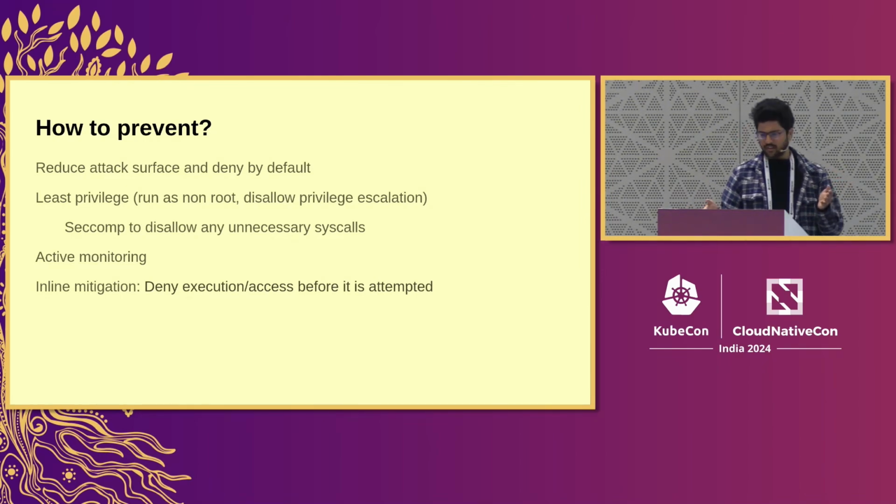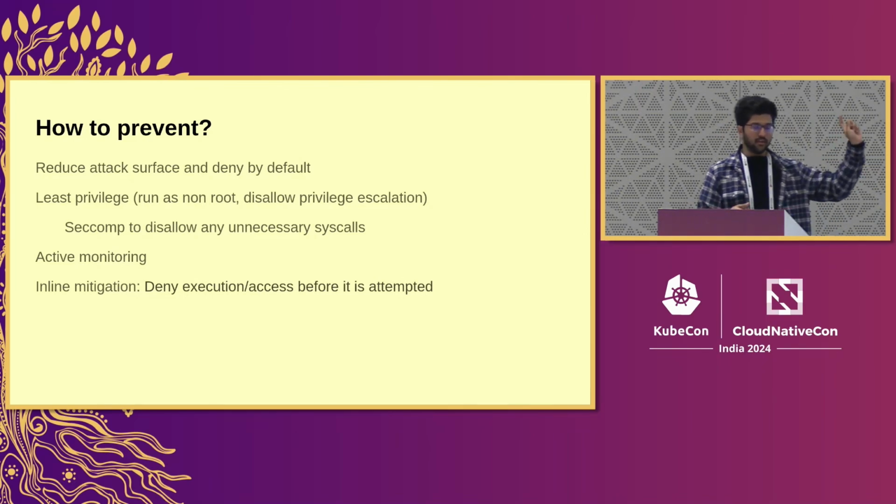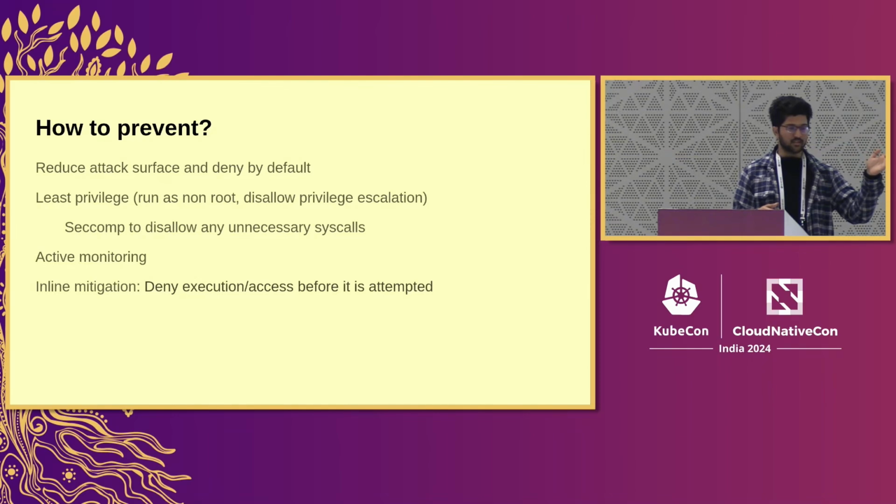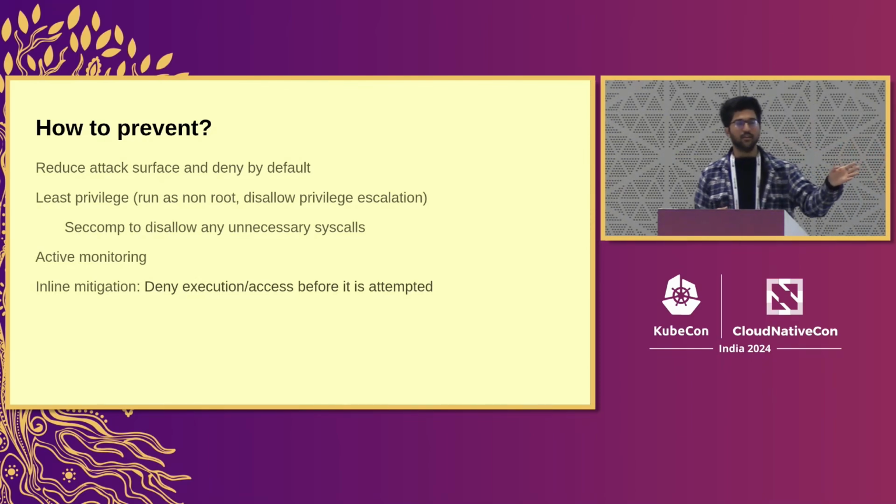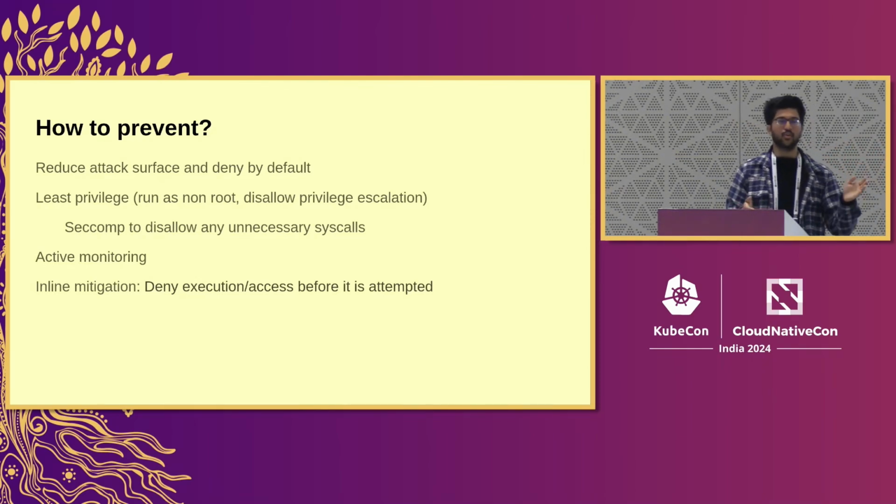This is not runtime, like we are not enforcing something at runtime, but it's still a good practice. And then we should definitely do active monitoring. Then we talked about inline mitigation, which is basically the opposite of what we saw, observing something and killing it. Inline mitigation says observe everything, but deny everything else which is not required by your application.